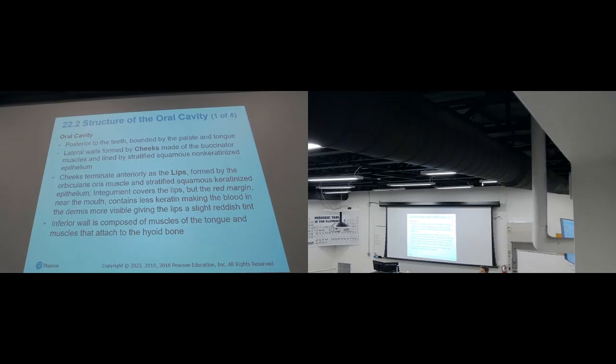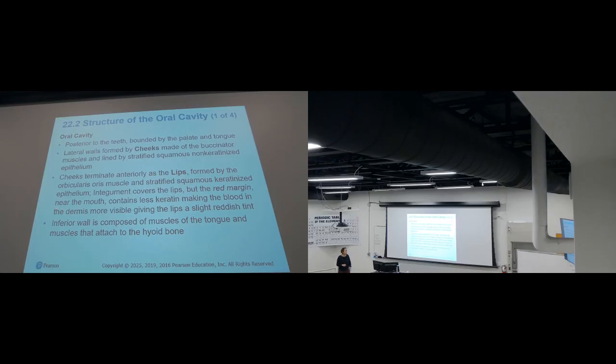And between, of course, the teeth and the cheeks and the lips anteriorly. And then posteriorly, we have the fauces. And then inferiorly, we have the floor of the mouth where we house the tongue. And then the lips are made by the orbicularis oris muscle, and externally are covered by stratified squamous epithelium with keratin.